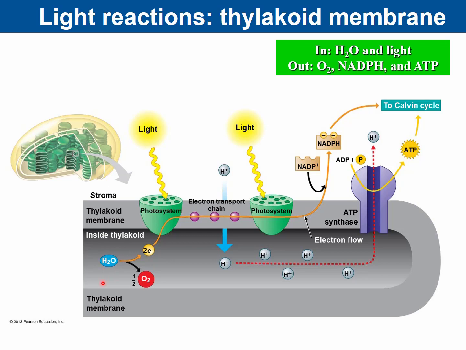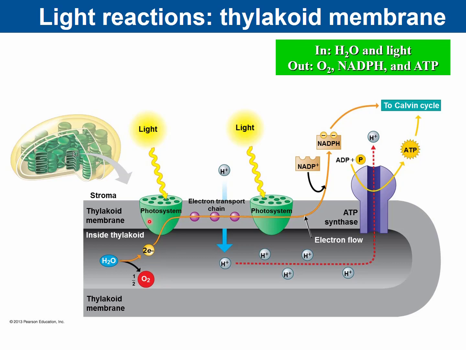It's what's going to donate electrons to the electron transport chain. And so water's going to split, and it's going to donate those electrons to the electron transport chain. And as a result, oxygen is going to form. So one of the products of the light reactions is going to be oxygen. And again, this is the oxygen that we breathe.